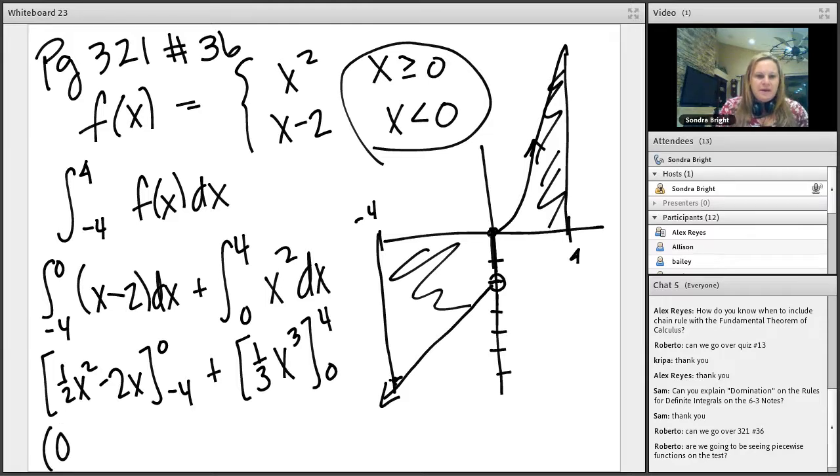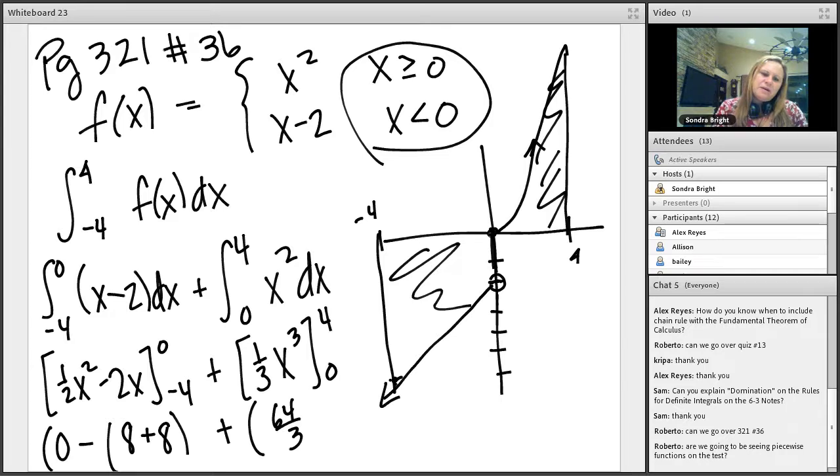And so that would be a 0 minus, plugging in a -4 would give you 16 over 2 is 8, minus -8, so that's a +8. Yep. And then plus 4 cubed is 64 over 3. Did I do that wrong?